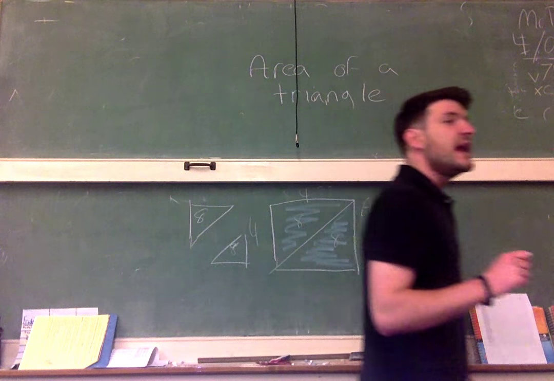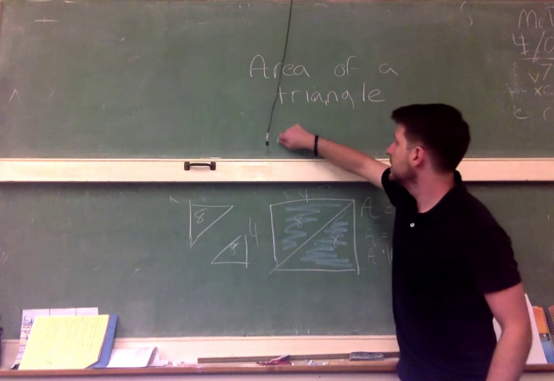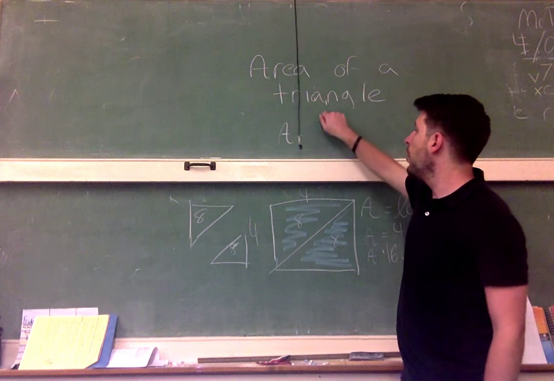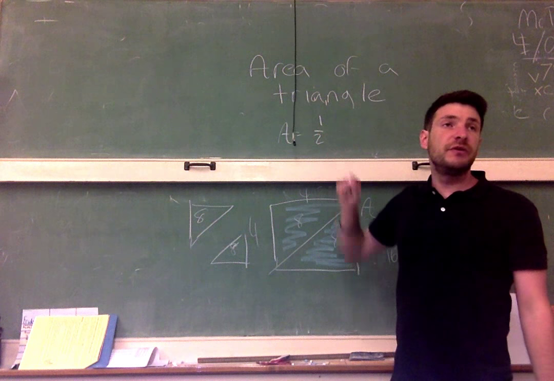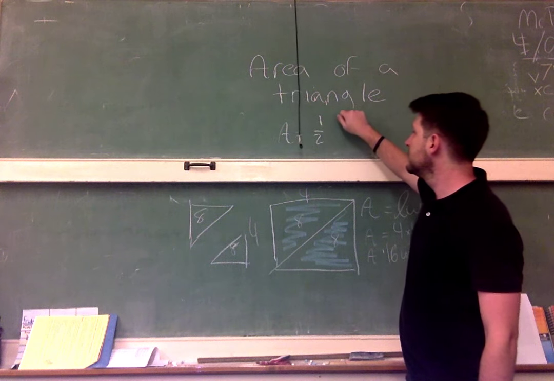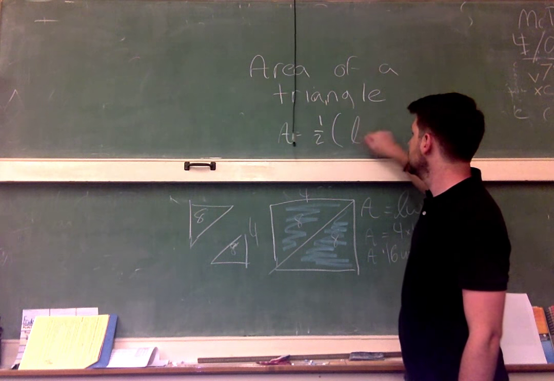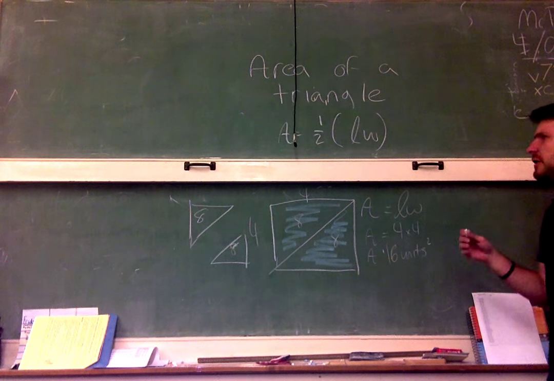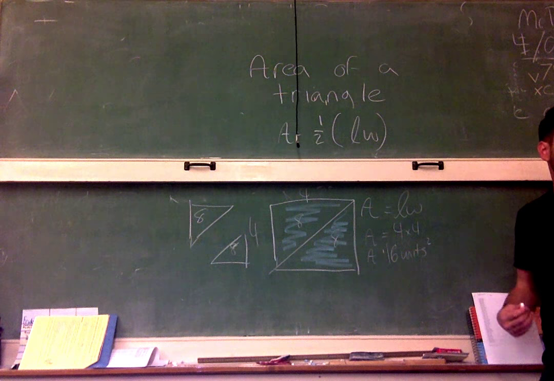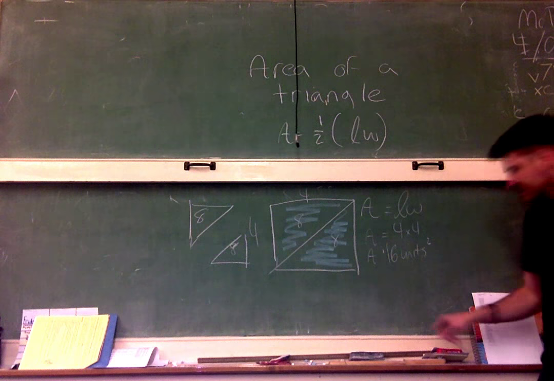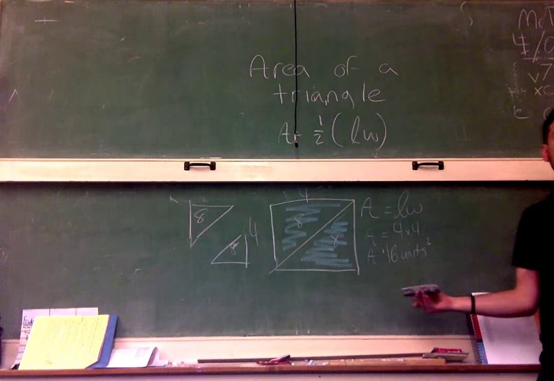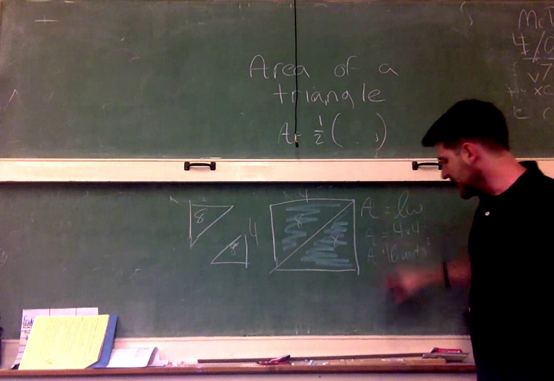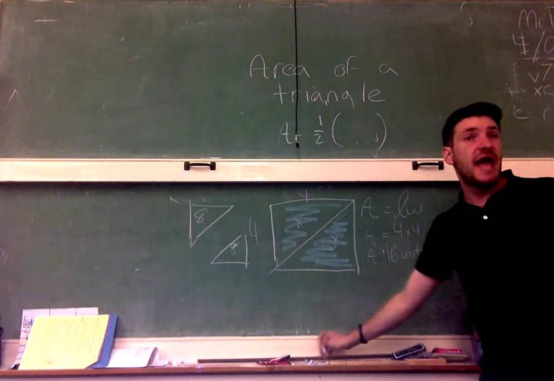To find the area of our triangle, it's going to be 1/2, and I want you to write this formula down, 1/2, and then it's same as our square. But we don't call it length and width when we talk about triangles, because that's not going to make much sense. Instead, what we're going to do is call it base and height.